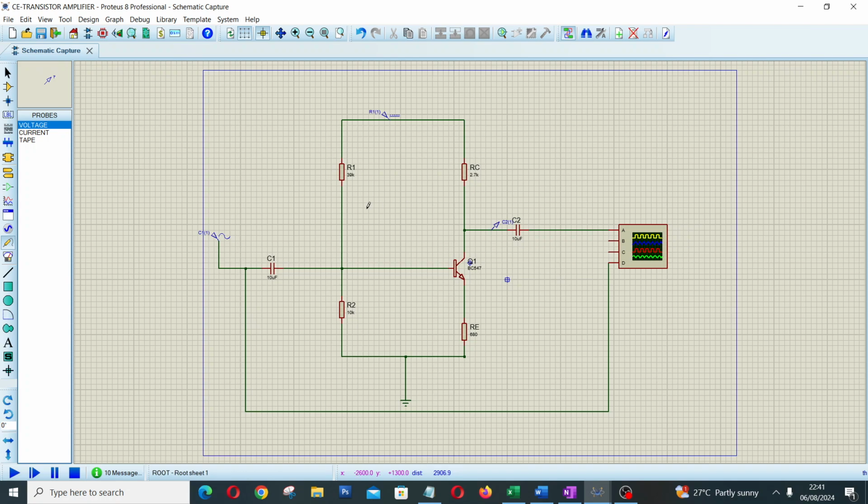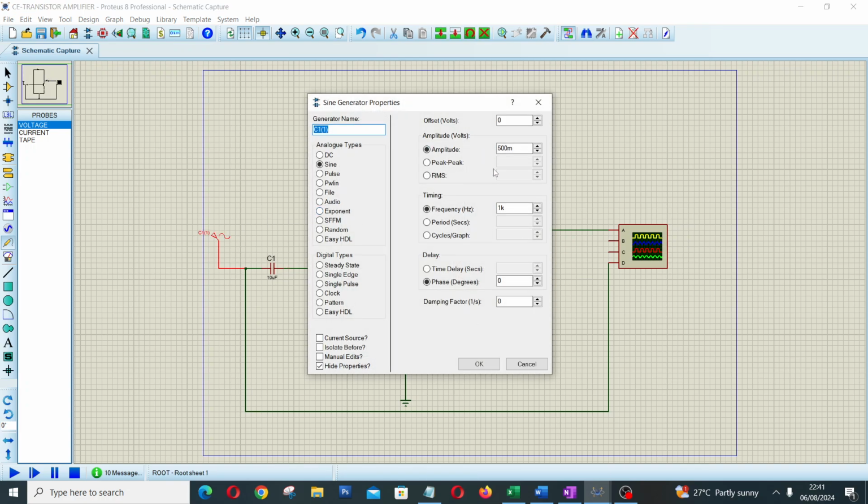Once you have done that, we want to plot the output of this amplifier with respect to the input frequency. Remember, we set 1 kilohertz as the frequency, but we want to carry out a kind of analysis we call an AC sweep. We want to see, over a range of frequencies, what happens to the output signal.